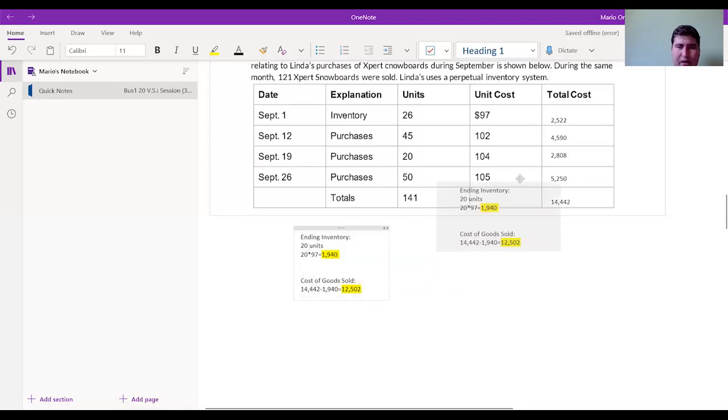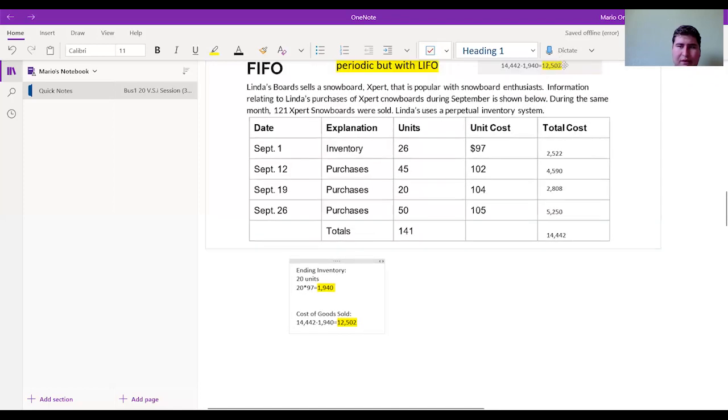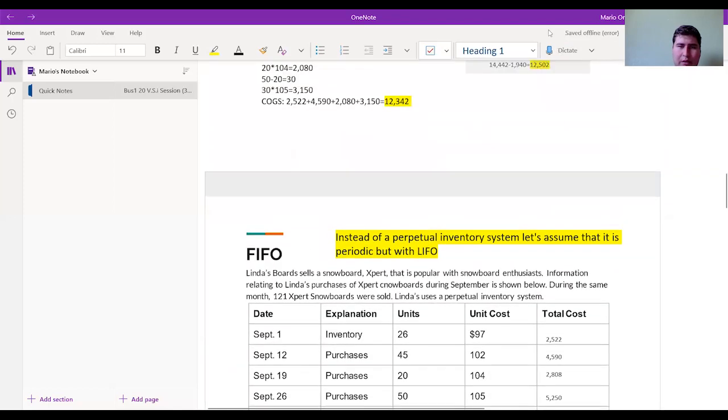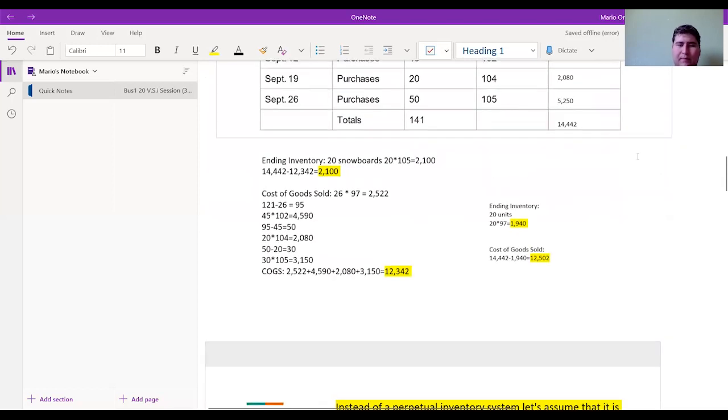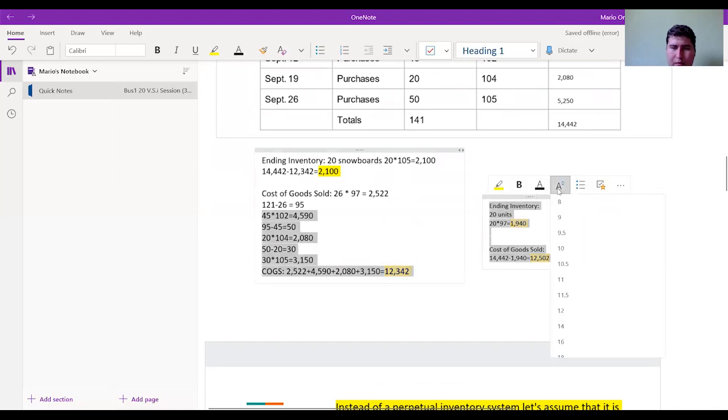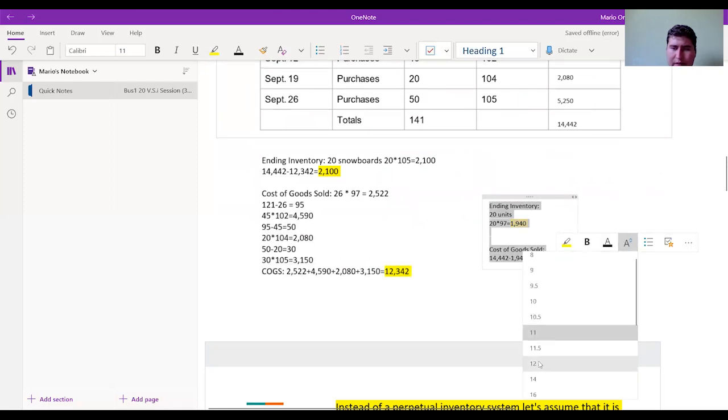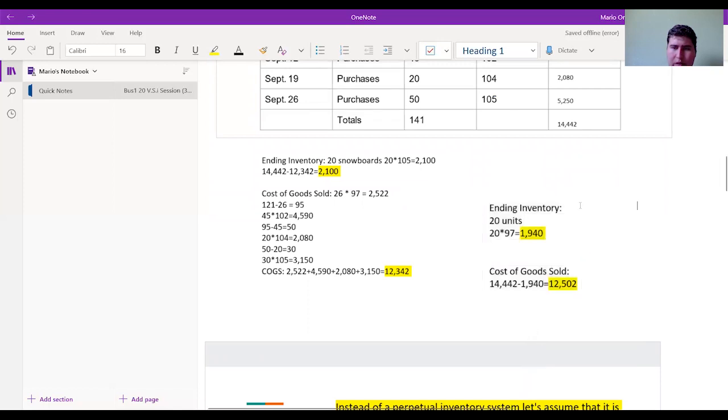So the thing that I really want you to see with this is the difference between the ending inventory and cost of goods sold. Let me see if I can get this a little bigger. Good.